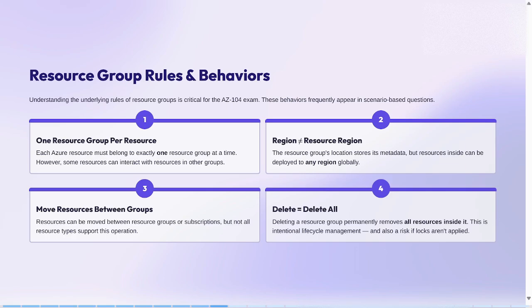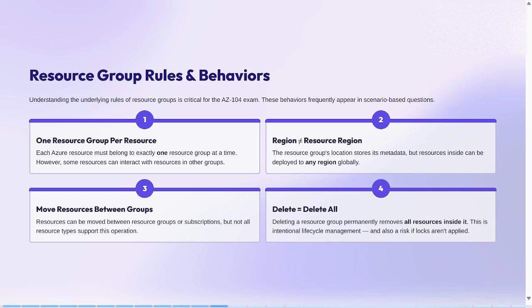One resource group per resource. Every Azure resource must belong to exactly one resource group at a time. For example, a virtual machine must exist inside a resource group. A storage account must exist inside a resource group. For example, you have a VM1 virtual machine. That VM1 can belong to only one resource group.